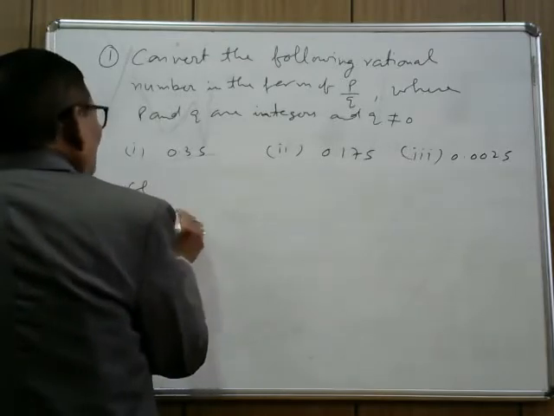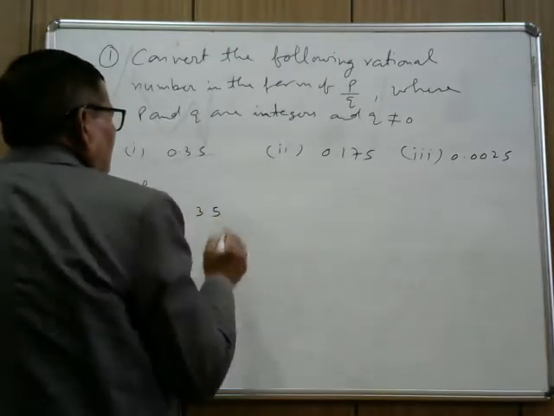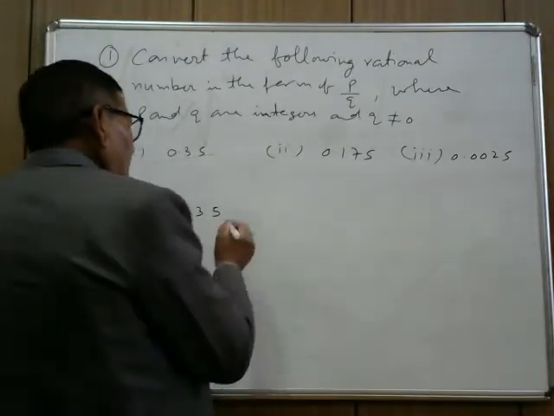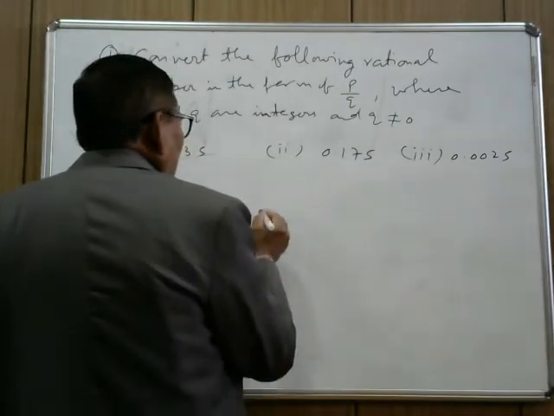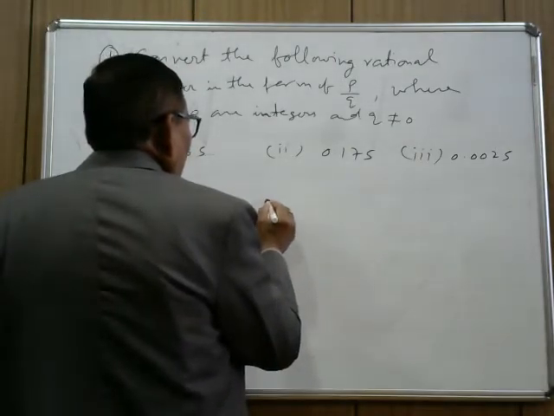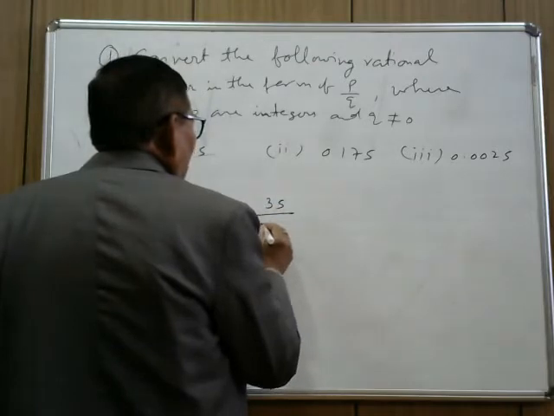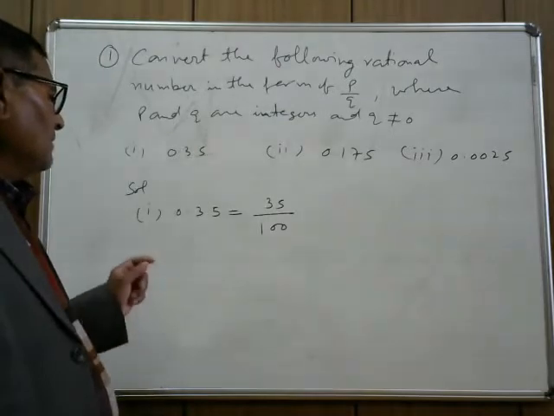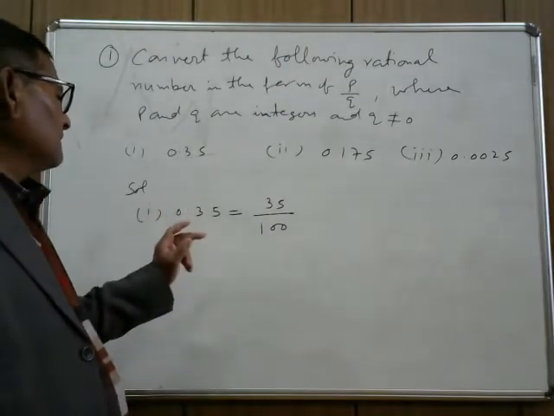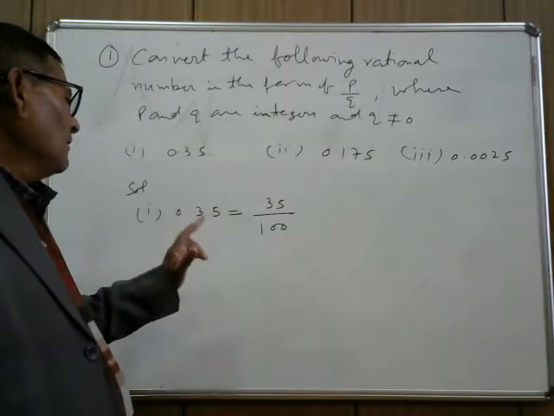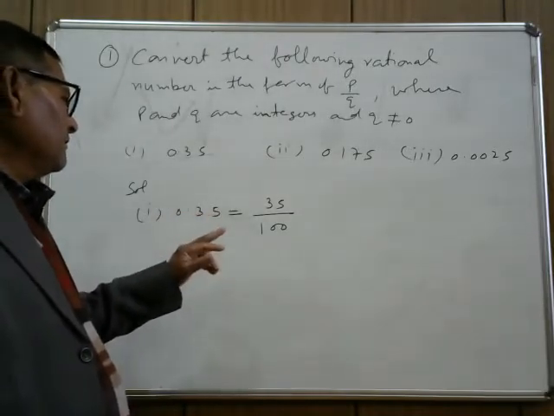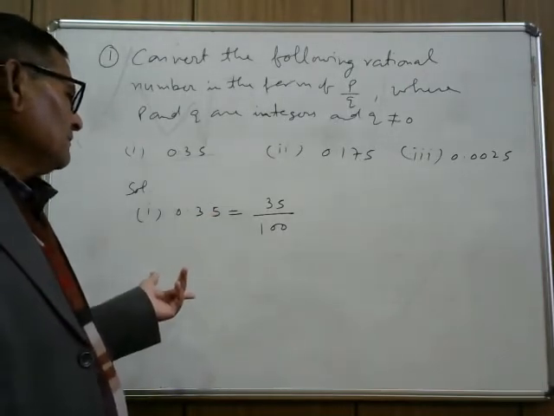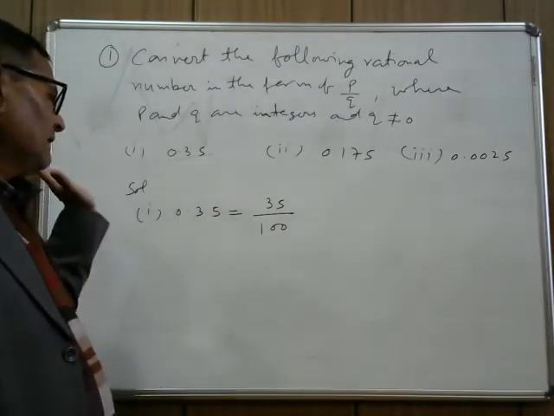Number 1, 0.35. As you see, this is terminating. That is equal to 35 upon 100. Why have I done this? Because there are two decimal digits after the decimal point, and I have told you to write as many zeros in the denominator as the number of decimal digits in the numerator, and you remove the decimal sign.